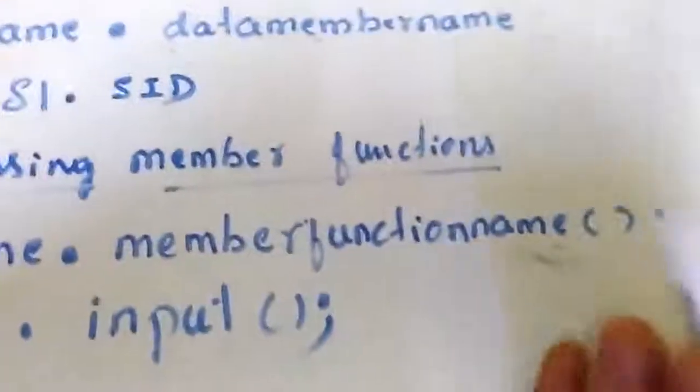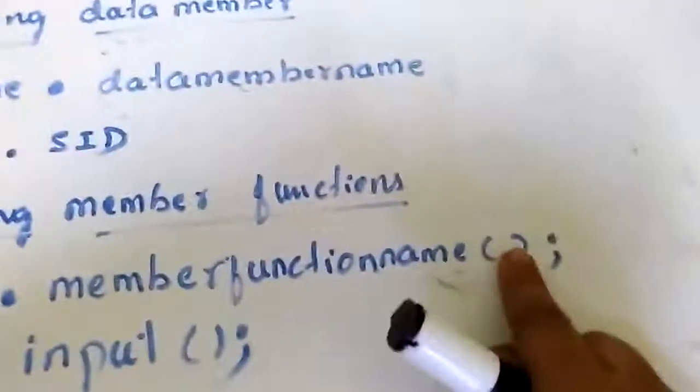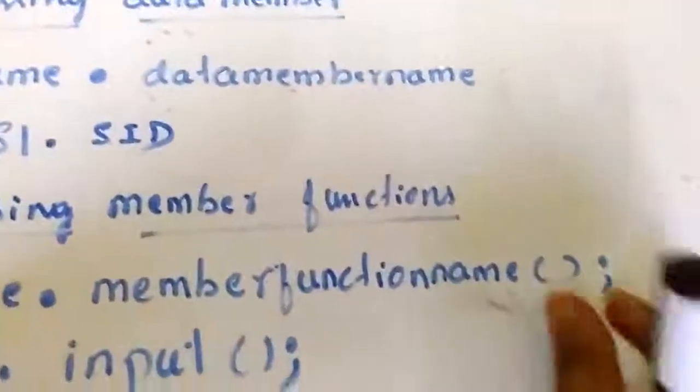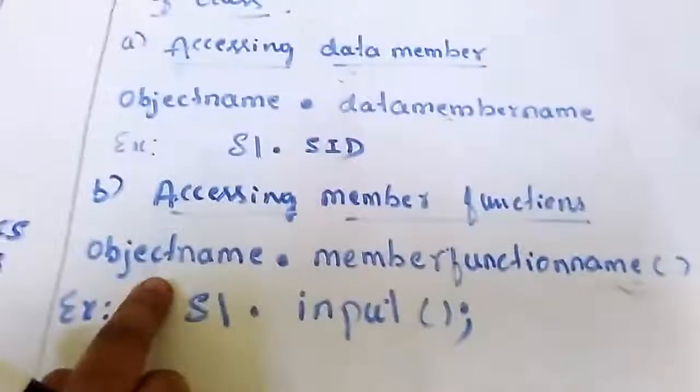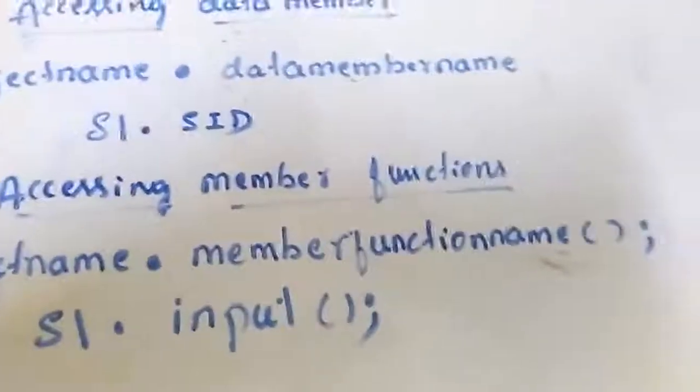Depending on the problem statement, there may be a situation to send an argument here, but in general we'll leave it empty. Object name dot member function open close semicolon. Example: s1 dot input open close parenthesis semicolon.